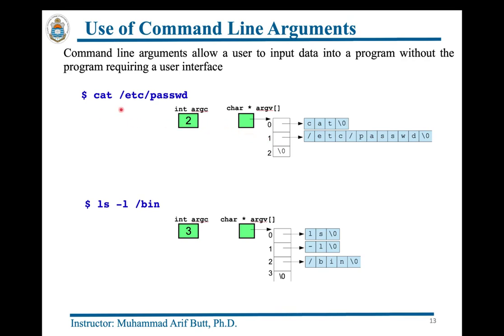For example, this cat program is given the file name via command line whose contents the user wants to be displayed on screen. And similarly over here, the user is passing the long listing option -l along with the directory name to this command ls so that it should display the long listing of the contents of this directory.